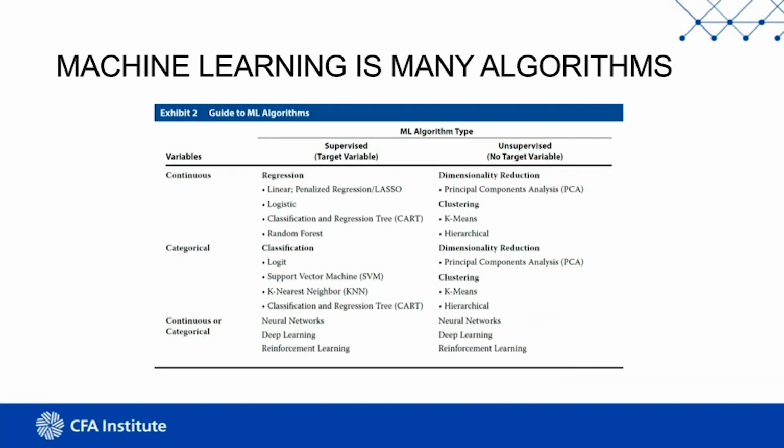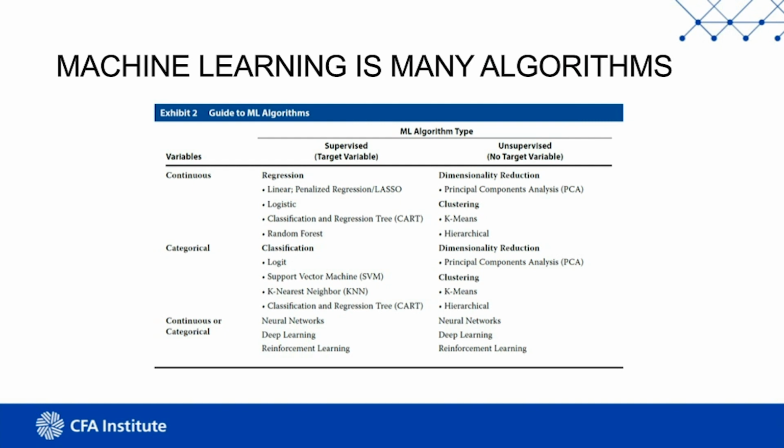As I said before, machine learning is not just one thing, it's lots of different algorithms. So this table summarizes all the kinds of machine learning algorithm that the reading talks about. In fact, there are dozens of others as well, but these are the ones that give you a sense of the key ones. So some of the things that vary are whether it's supervised or unsupervised.